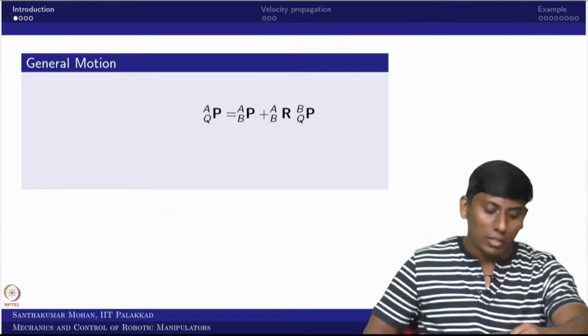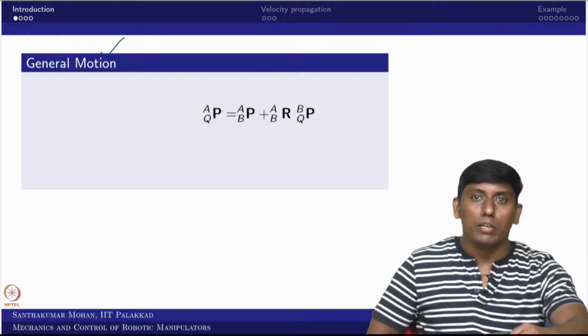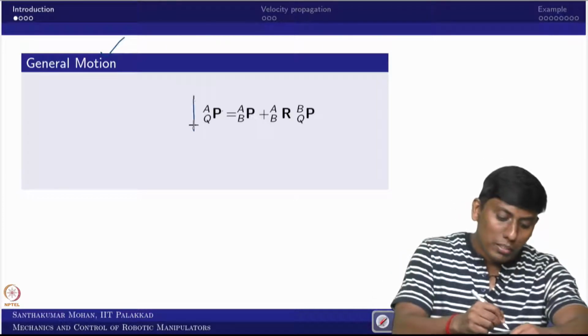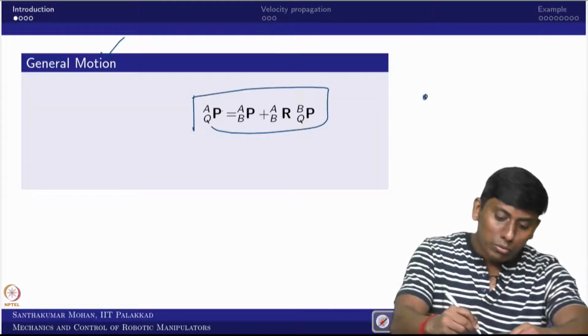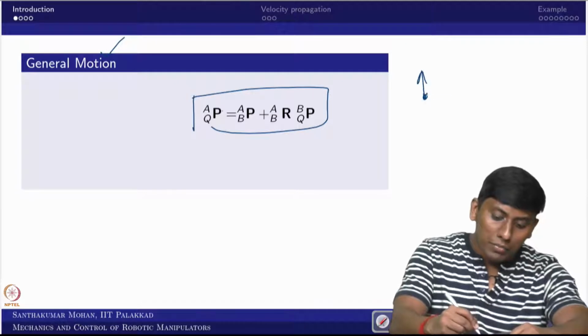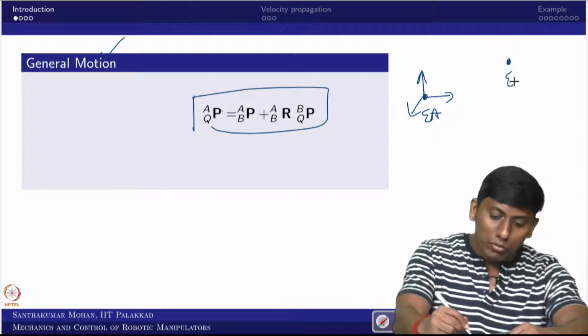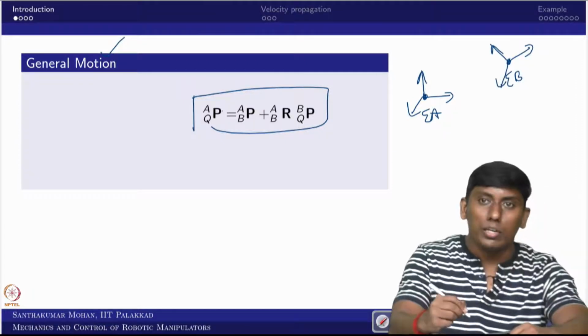What is the general case? We know the general spatial motion can be written in this form. You have a frame A, and there is another frame B, which is rotated.